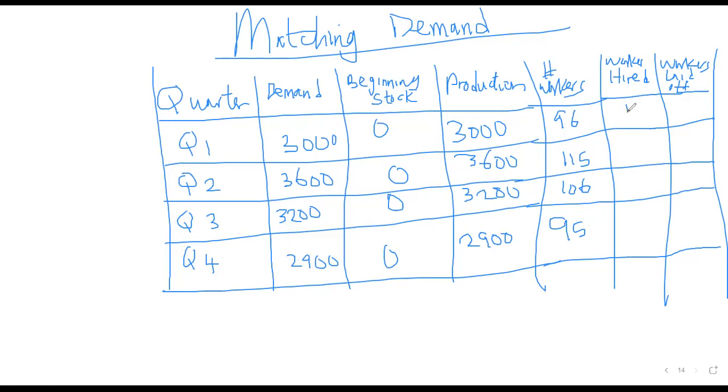So we hired 1, because we were supposed to open with 95, since the closing quarter was supposed to be the opening. So 96 minus 95.